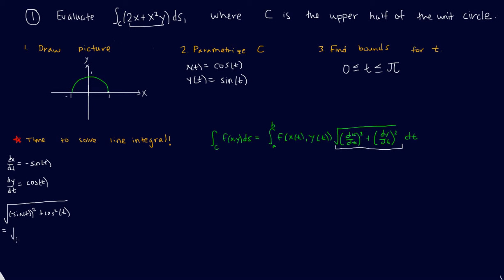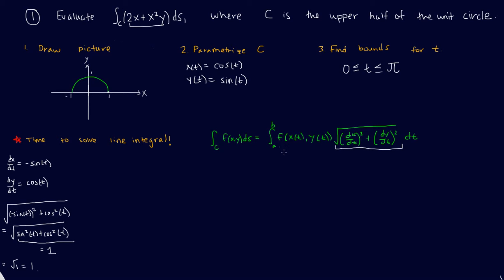So we're going to get the square root of sine squared t plus cosine squared t. Now our favorite trigonometric identity is this thing equals 1. So now I just end up with the square root of 1, which equals 1. So I'm all good. I am all done.